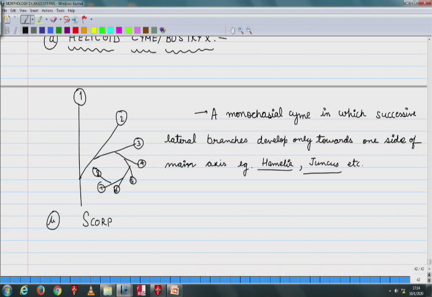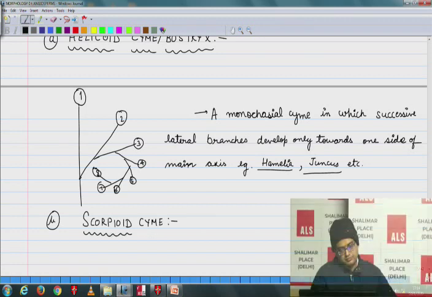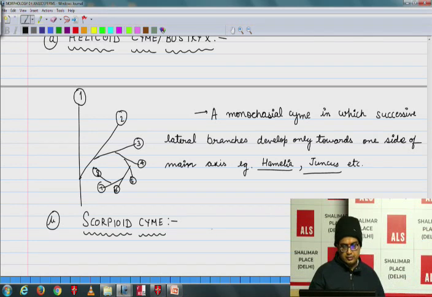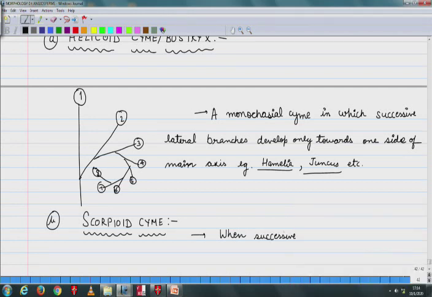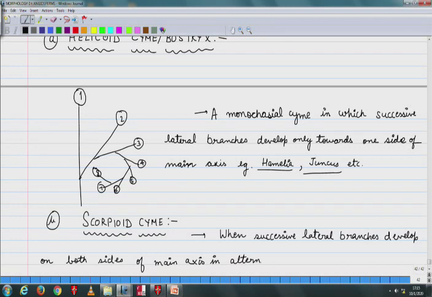Now imagine what will happen if it is happening towards both sides. When successive lateral branches develop on both sides of the main axis in an alternate manner.